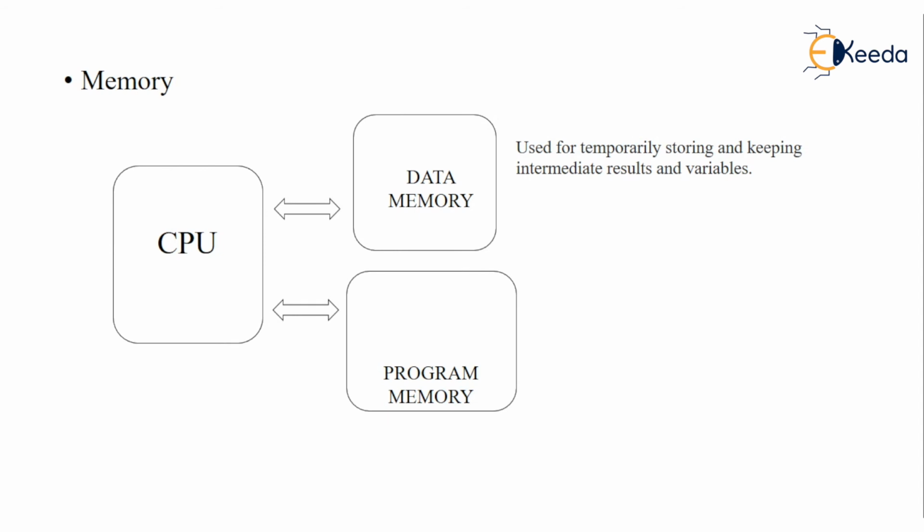If I want to store the result of that addition, I can use data memory. Then program memory is used for permanently saving the program being executed. For example, opcodes are generally stored in the program memory, which is already given by the manufacturer.